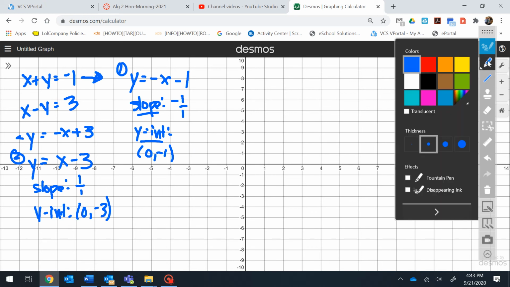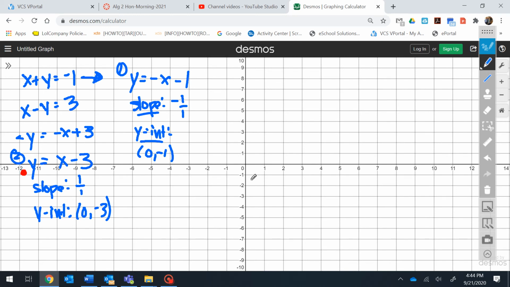Okay, so let's graph the first line in blue, and then I'll do the second line in red. For the first line in blue, I will have -1 as the y-intercept, and then it's a negative slope, so down 1/1, down 1/1. Remember, you want to graph as many points as you can to make sure that you find where these two lines intersect.